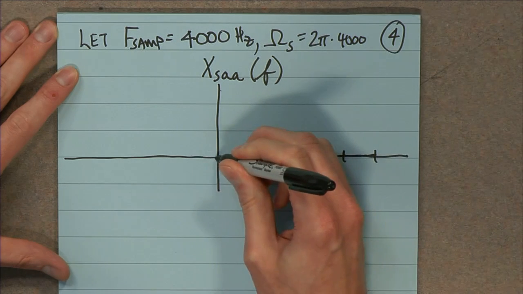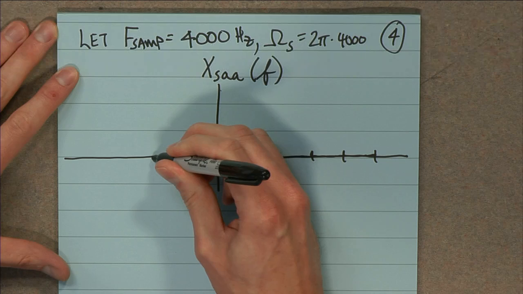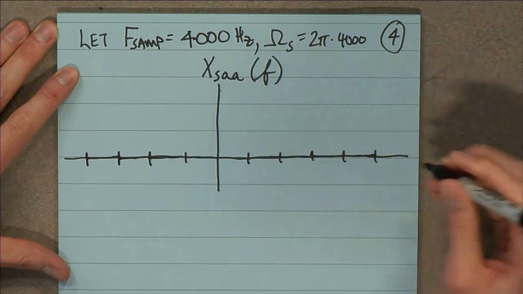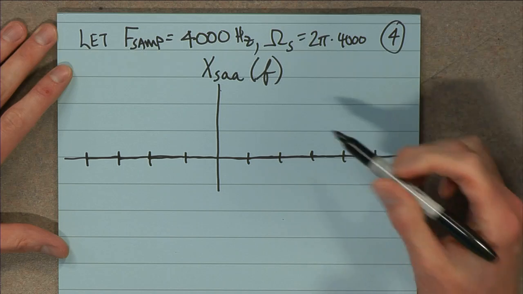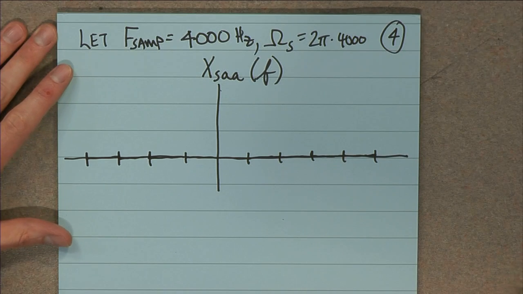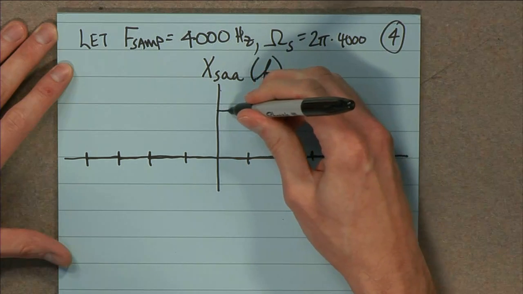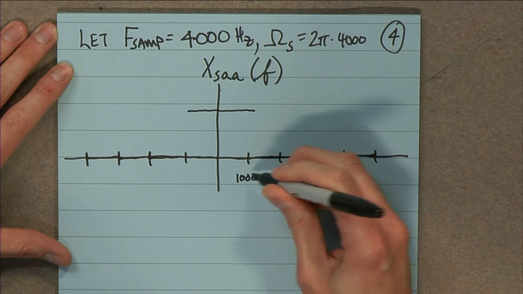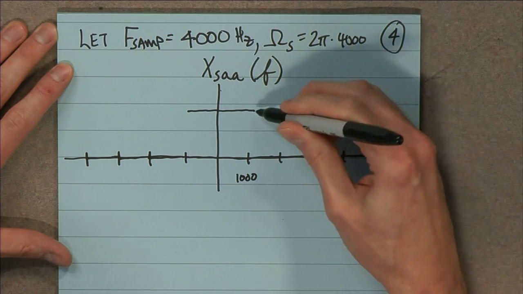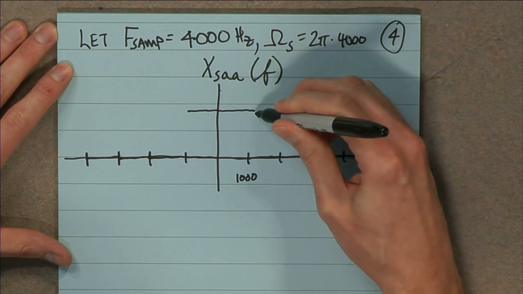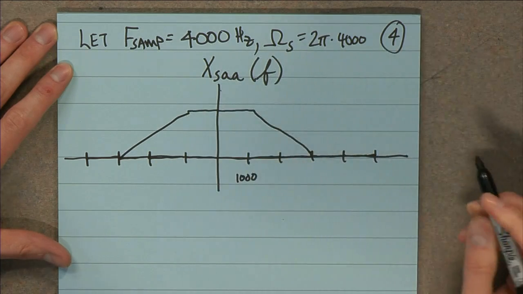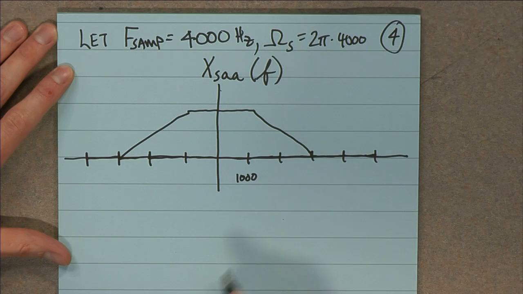I want to try to make this a reasonably well-scaled sketch here, and we're going to do it in F, in hertz. So the pass band is out to 1,000, and the stop band, 2,000, 3,000. Stop drawing there. Now we're sampling at 4,000 hertz.